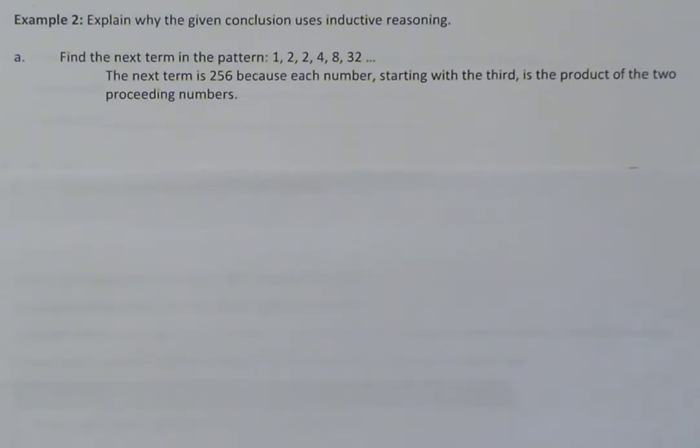All right, so example 2 is going to ask us to explain why the given conclusion uses inductive reasoning. Inductive reasoning is going to have us go based off of observations. So you have to go through and state why this uses inductive reasoning by giving an example of how.